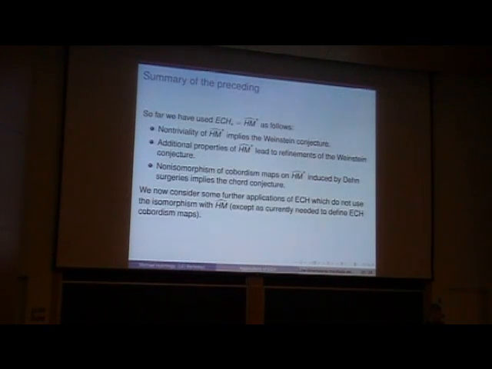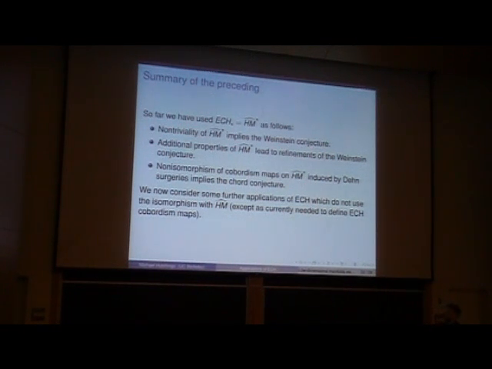So to summarize these applications that I've shown you so far, we've used the isomorphism between embedded contact homology and Seiberg-Witten Floer cohomology as follows. First of all, if you just use the fact that Seiberg-Witten Floer is nontrivial, then you immediately get the Weinstein conjecture.